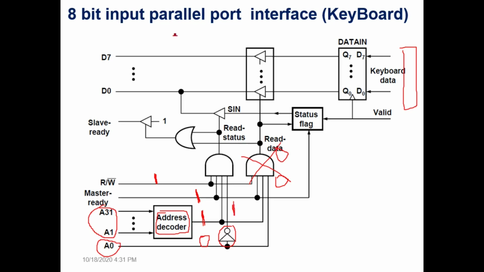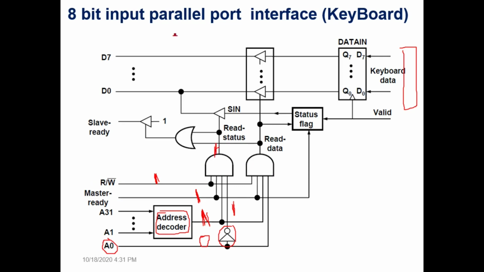Now for this AND gate, all inputs are 1. You can see the read signal is 1, the master ready signal is 1, the decoder output is 1 here, and A0 is 0 but it passes through the NOT gate, so all inputs of the first AND gate become 1. Now the output of the first AND gate is 1.